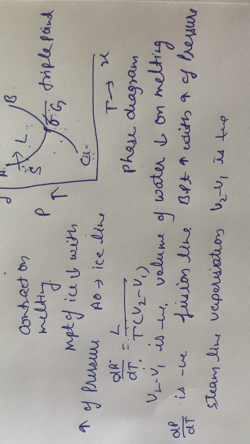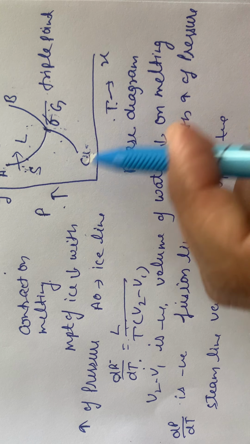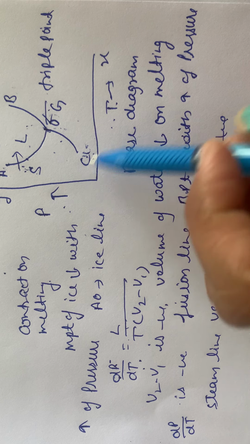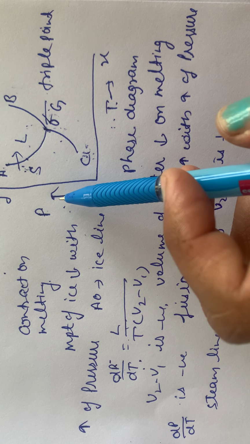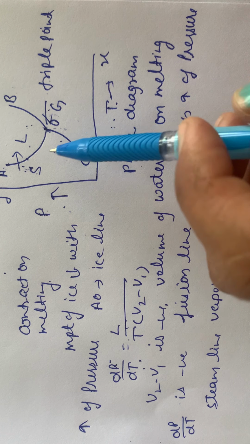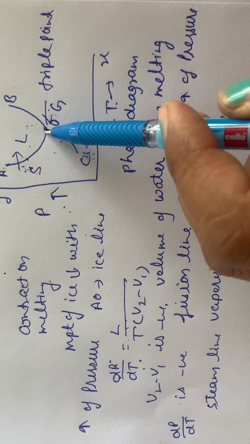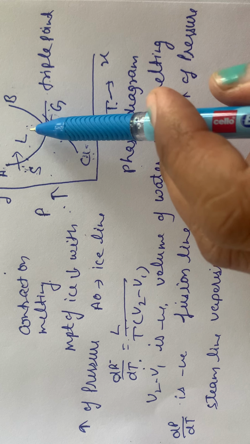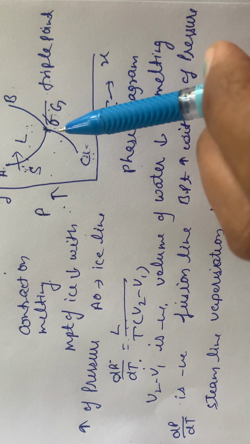Thus, the triple point is a point on the PT diagram corresponding to the temperature and pressure under which a substance can coexist in equilibrium simultaneously in solid, liquid and vapor state.